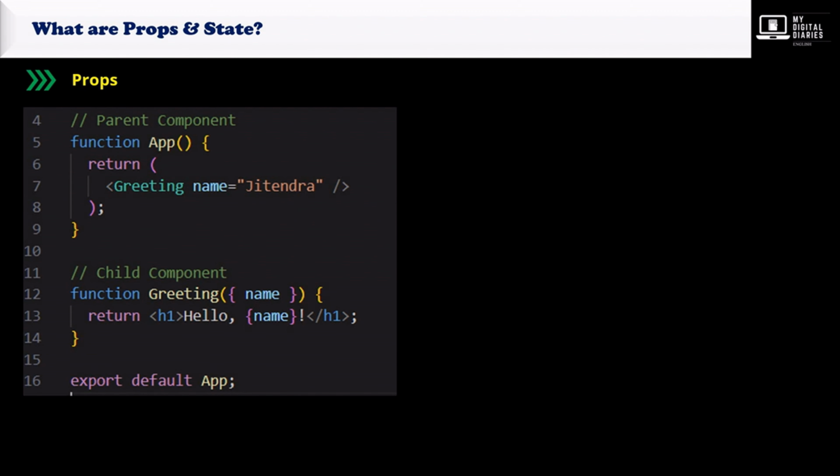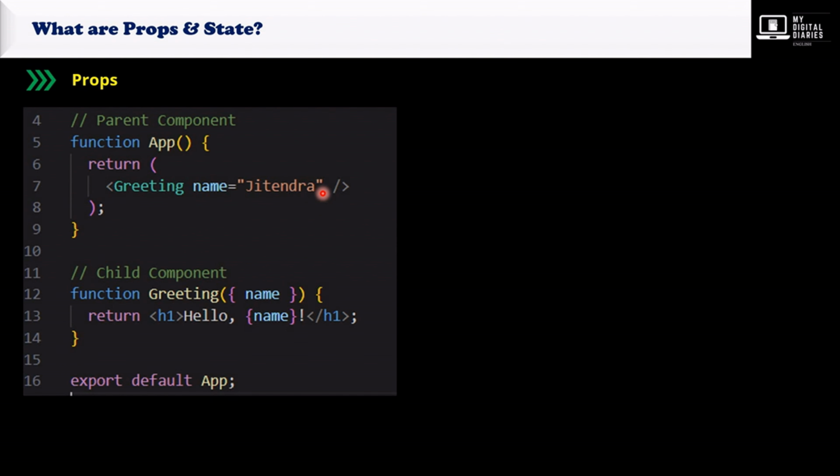So this is an example of props. In this, our parent component is called App. Inside the return statement, we are rendering another component called Greeting. Now notice this line carefully: Greeting name="Jitendra".